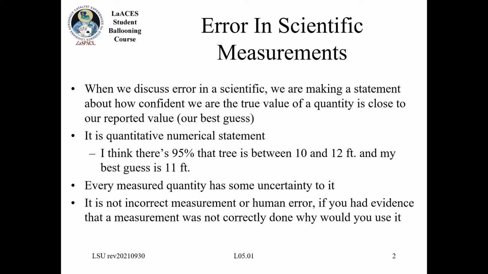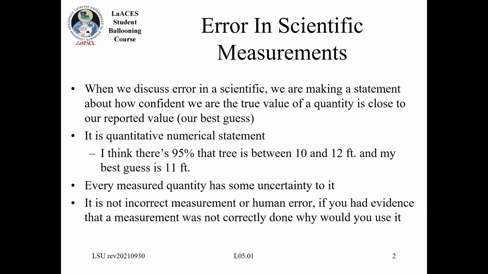So we're basically trying to give usually some kind of interval that we have a reasonable level of confidence that the true value of whatever we're trying to measure is within that interval. So like I said, it's a quantitative numerical statement.